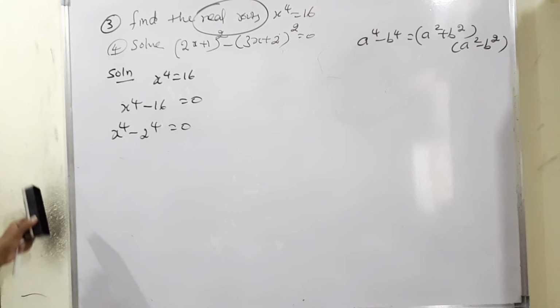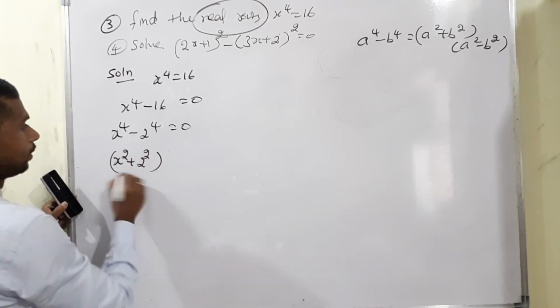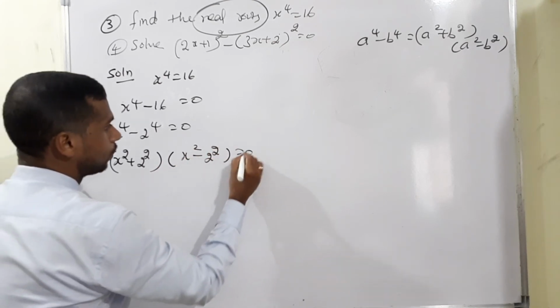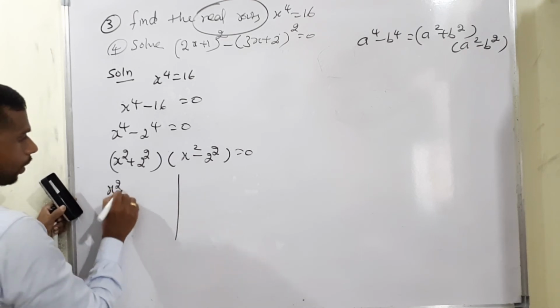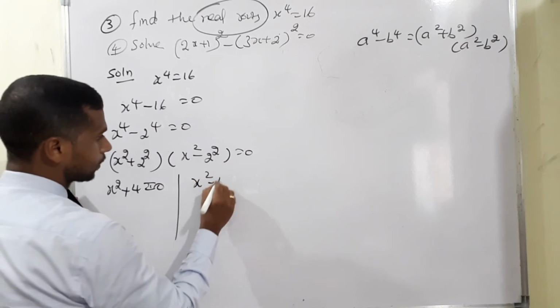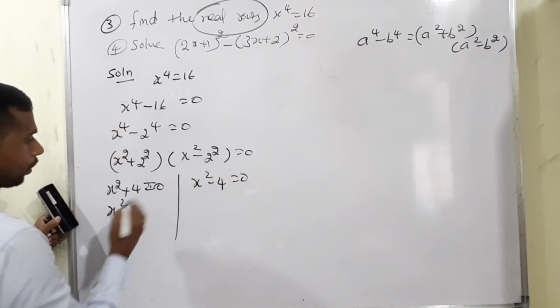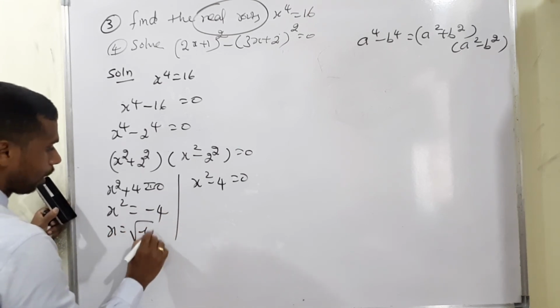So x square plus 2 square, again x square minus 2 square, is equal to 0. Dividing into two parts: x square plus 4 is equal to 0. Next case: x square minus 4 is equal to 0.